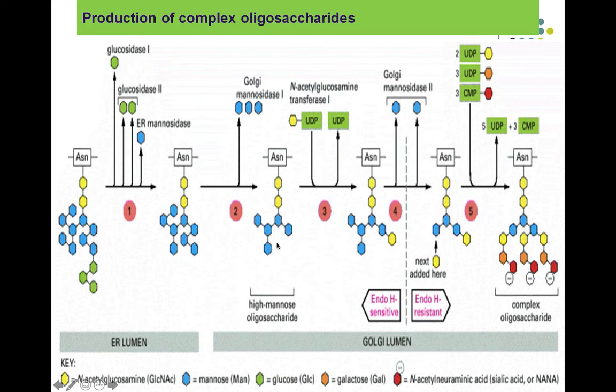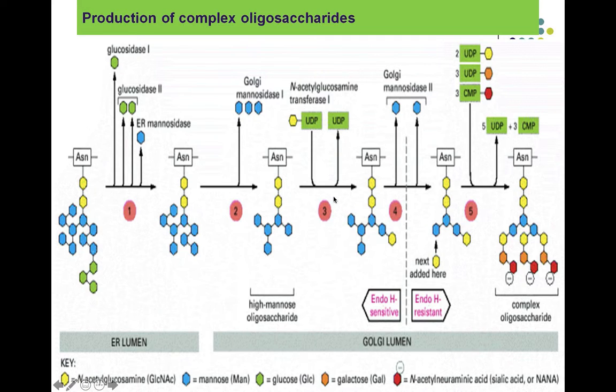So a change in the core sugar chain is appreciated from step 1 to step 2. These enzymes, mannosidase and glucosidase, are hydrolase enzymes. They work by hydrolyzing the polymer of sugar to divide it into its simple monomeric components, cleaving off the sugar monomer from the branch.